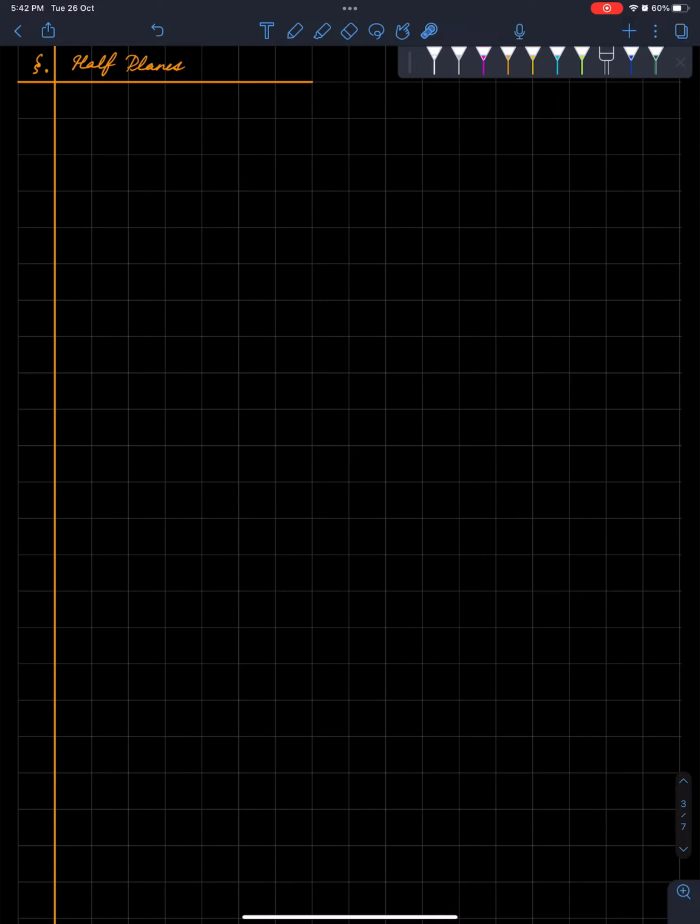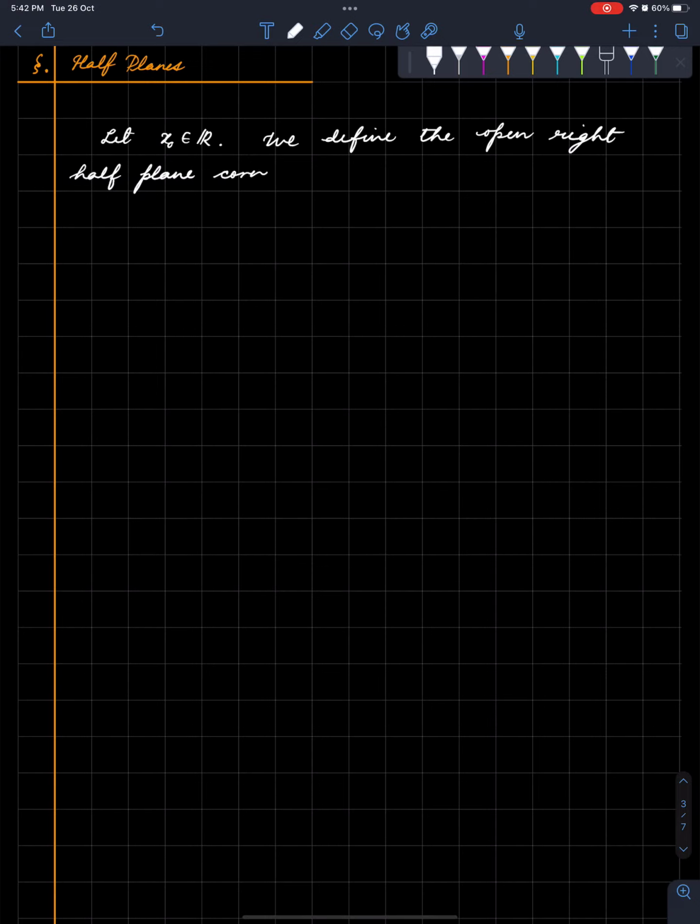And another set of very simple definitions are in order. Okay, so this time let x naught be a real number. We define the open right half plane corresponding to x naught as the set H x naught plus.